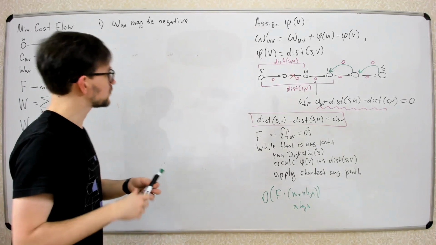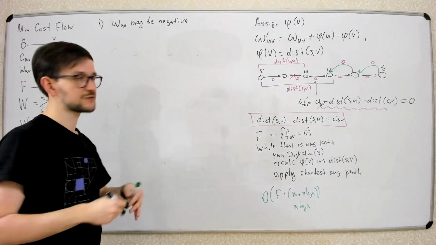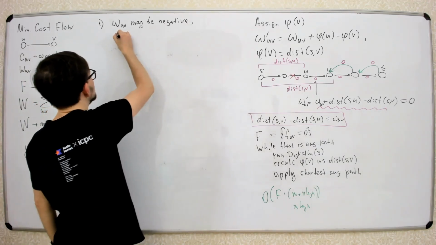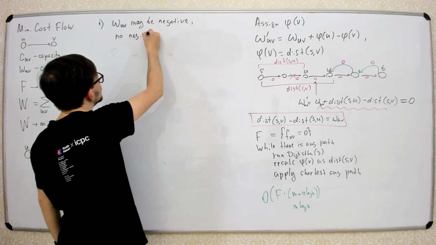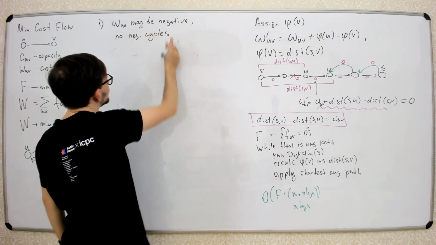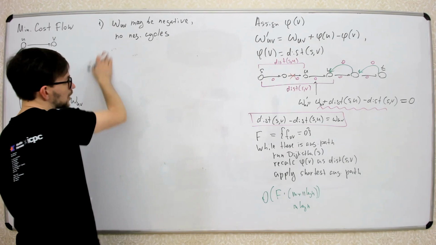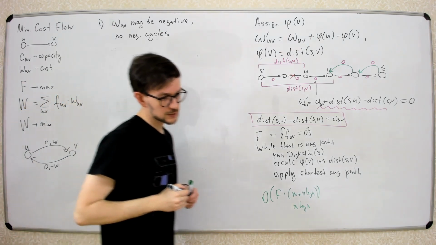So if we may have negative edges but we don't have negative cycles, can we modify our algorithm to work in this case?